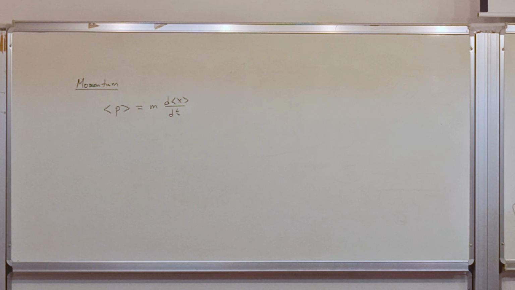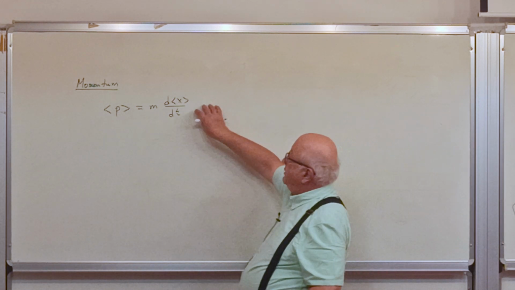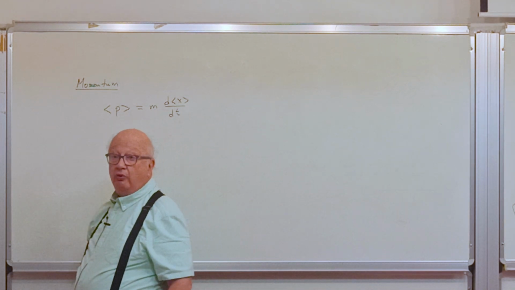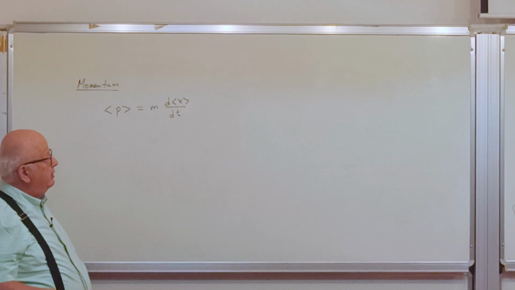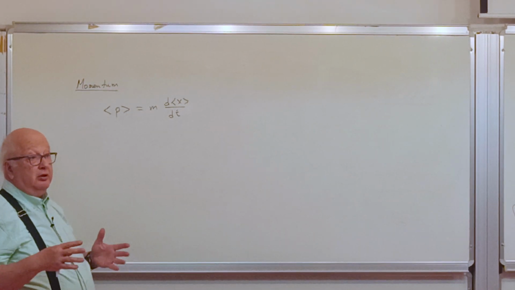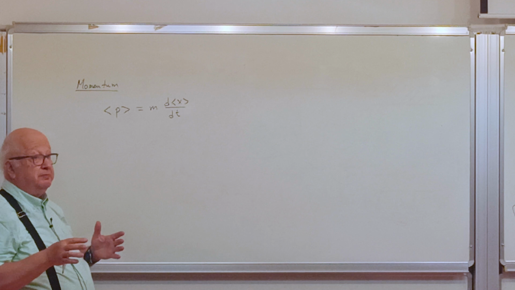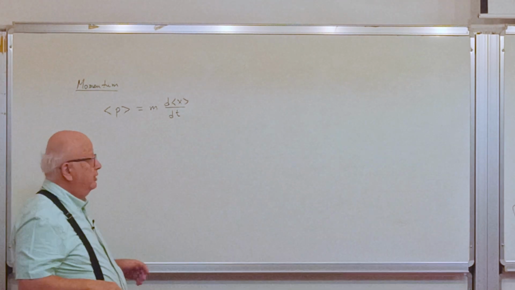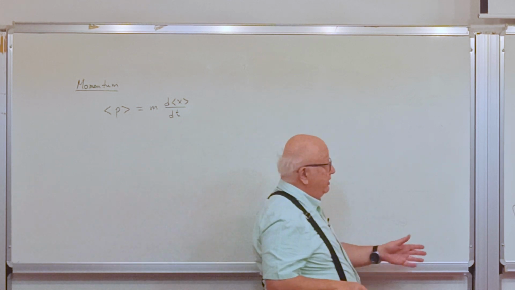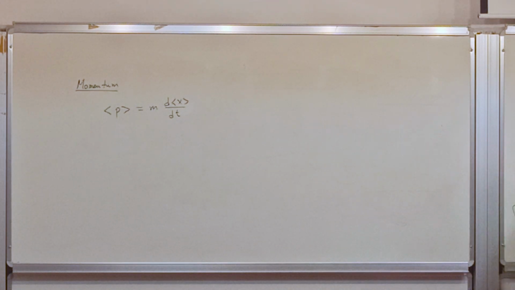But since this is an average value, I also say this is the average value of momentum. It's difficult to identify momentum directly from the wave function because parts of the wave function are moving with different velocities, right? This j of x is different for different parts of the wave function.